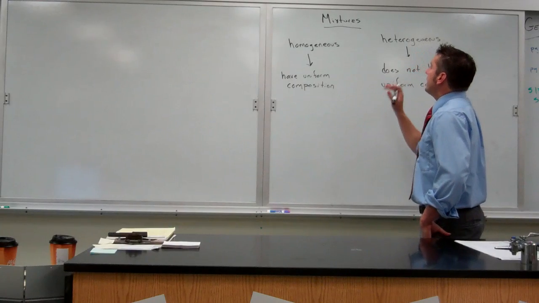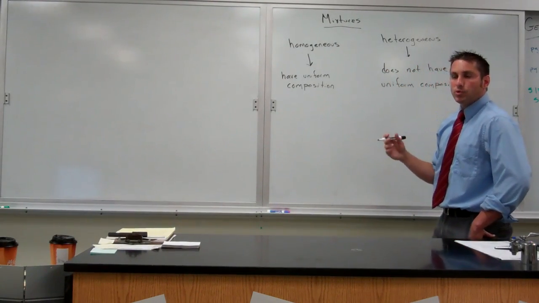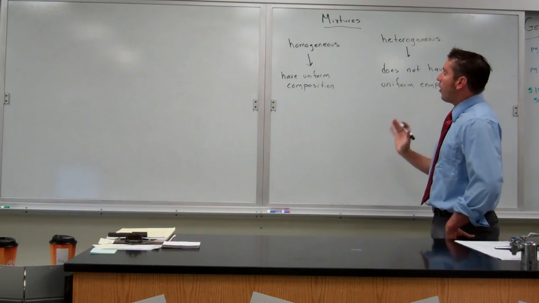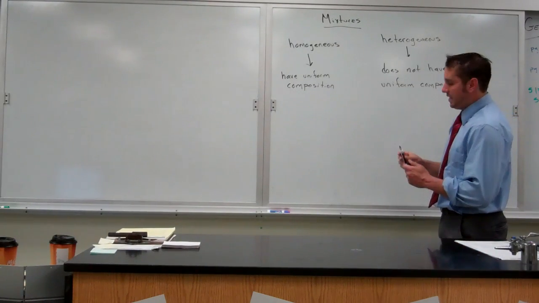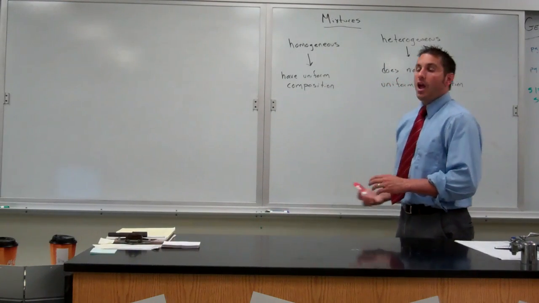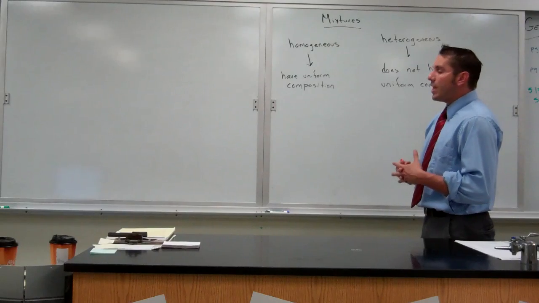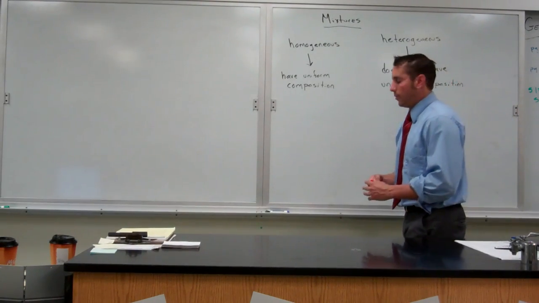You'll learn that each of these types of mixtures will have its own sort of subclass, right? But they're all based around the same idea, that I take one substance and in some way or another I dissolve it or mix it with another. So that leads us to a different series of terms.